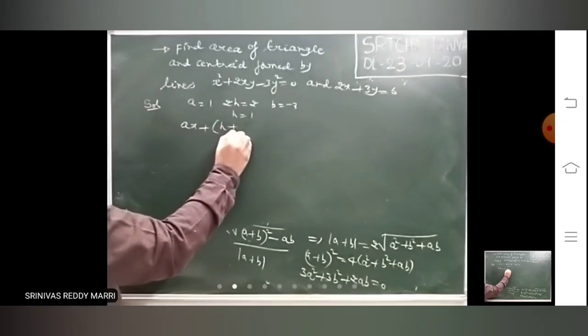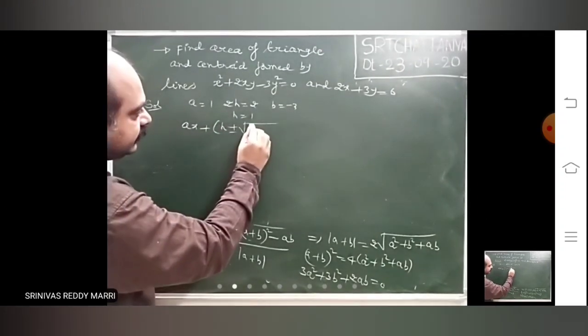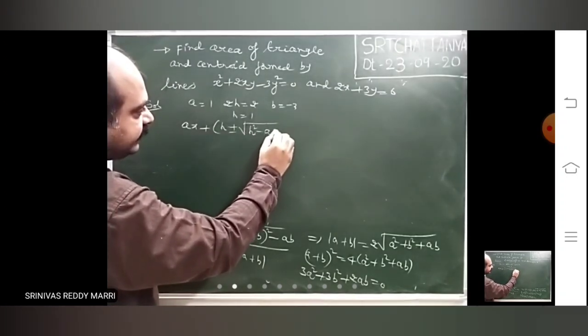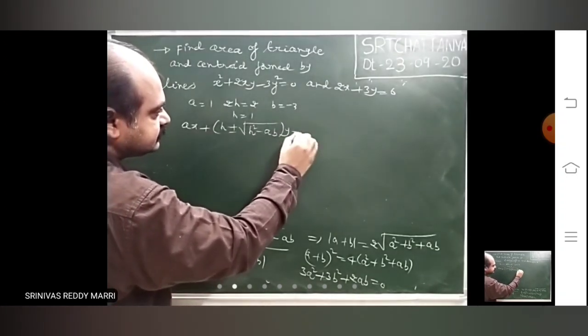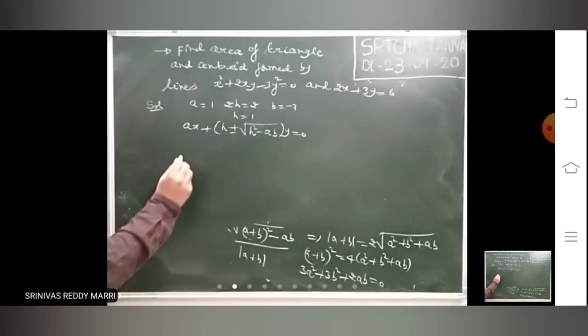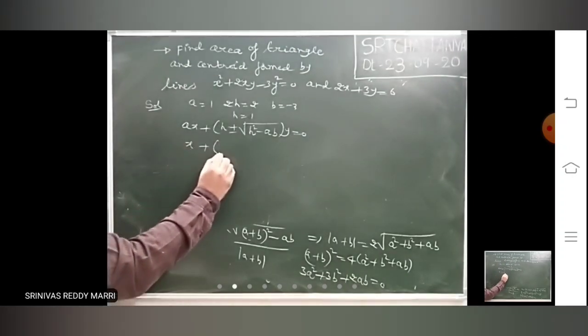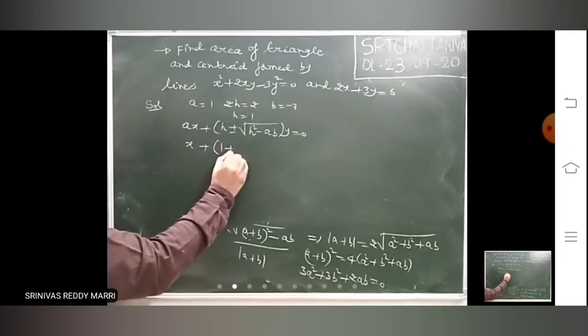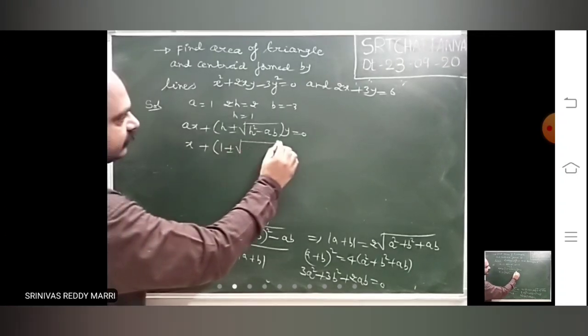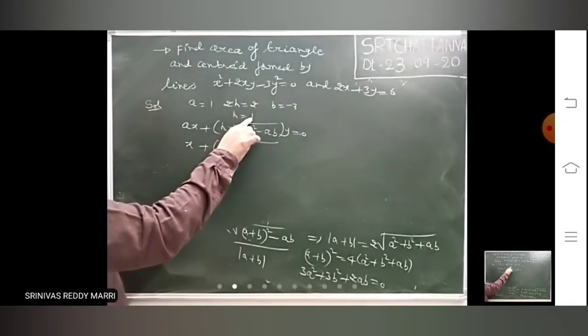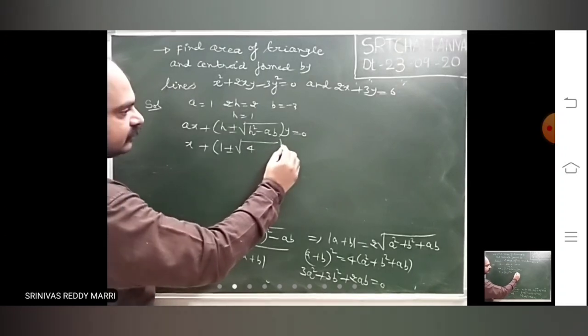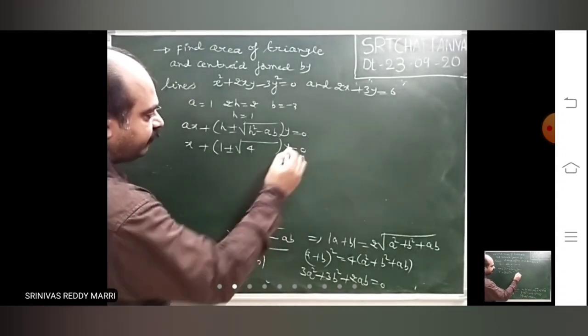I have told the formula, root of x square. What are the lines represented by this? Find the lines immediately. So x plus, h is 1, plus or minus root of h square minus ab, that means 4. So 1 plus 3, 4.